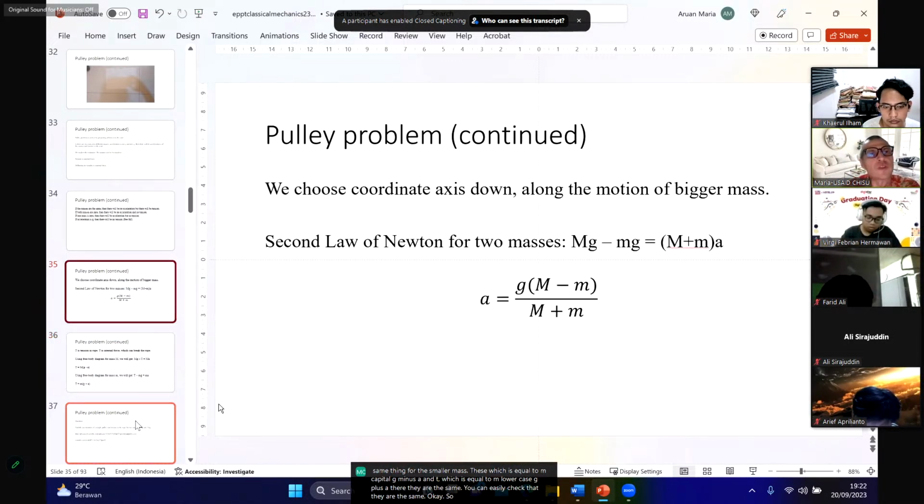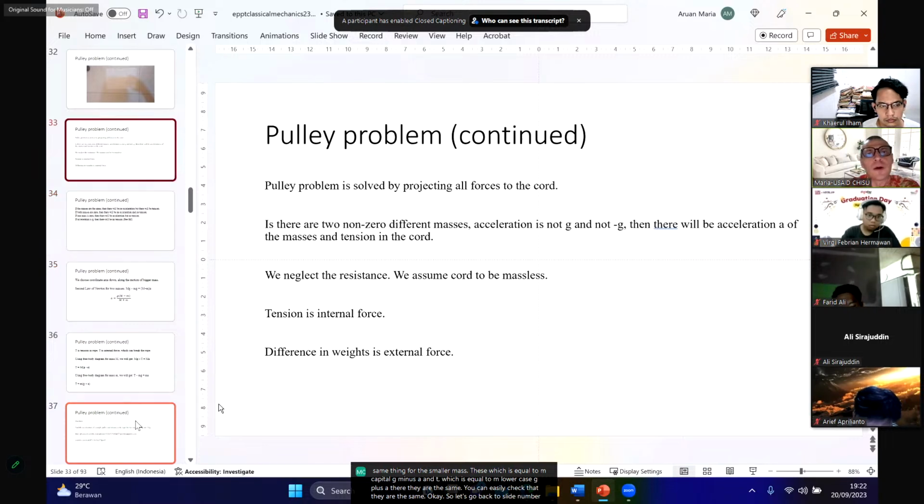So let's go back to slide number 33, right? It tells you that this pulley problem is solved by projecting all forces to the cord. So it's one-dimensional motion. It's simpler than projectile motion. Projectile is two-dimensional motion, and in this case, we have only one-dimensional motion, right?